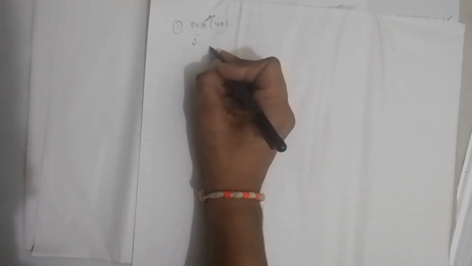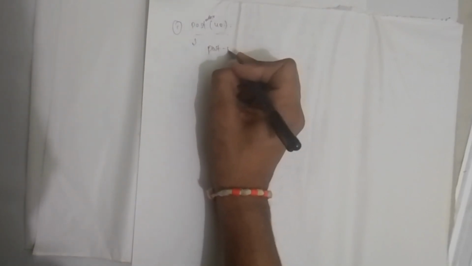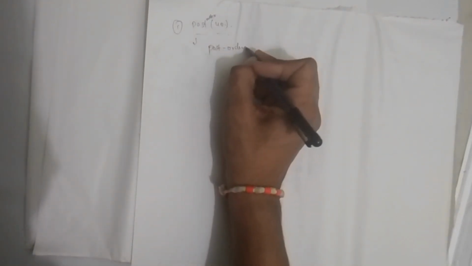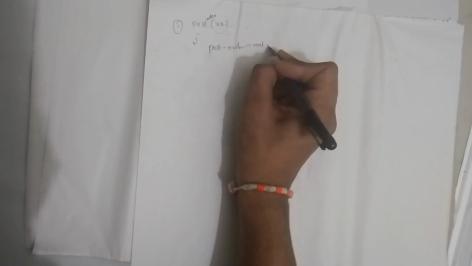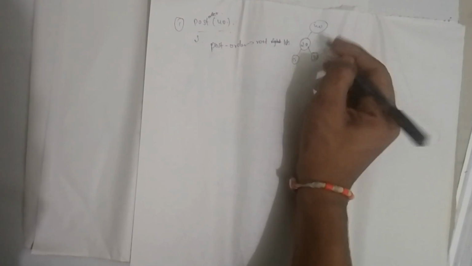The root means 40, so the function root is not null, so it will call post order root right left, so the tree will traverse up to the left like this: 40, 20, 15, 30 and 50.